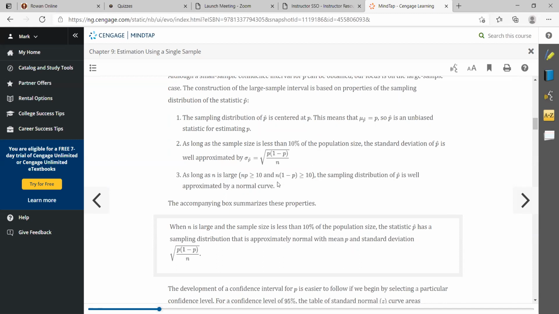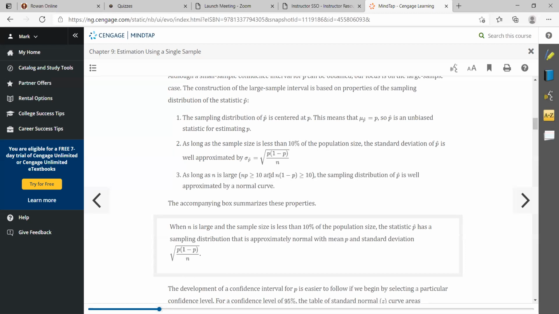We have a special calculation we have to do when we're dealing with proportions. We take n and multiply it by p. We take n and multiply it by 1 minus p. Both of these numbers have to be at least 10. If they're both at least 10, the sampling distribution of p hat is considered to be approximately normal.